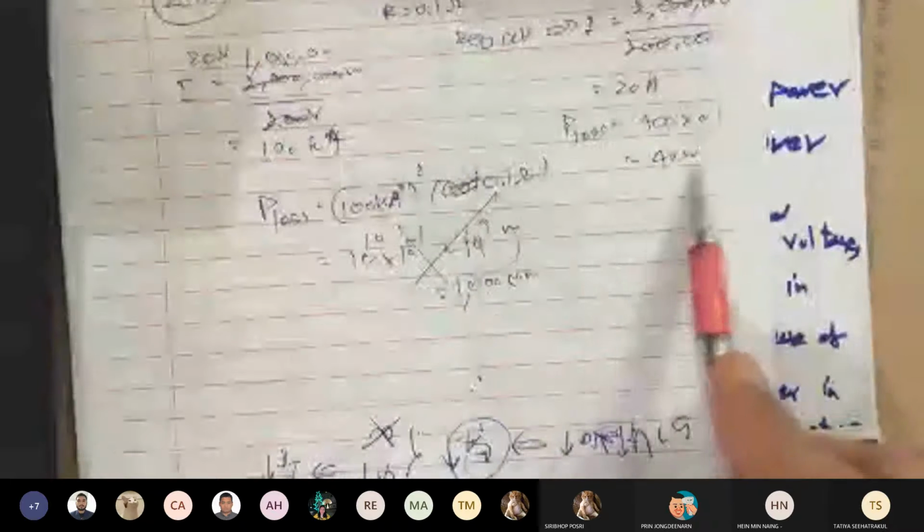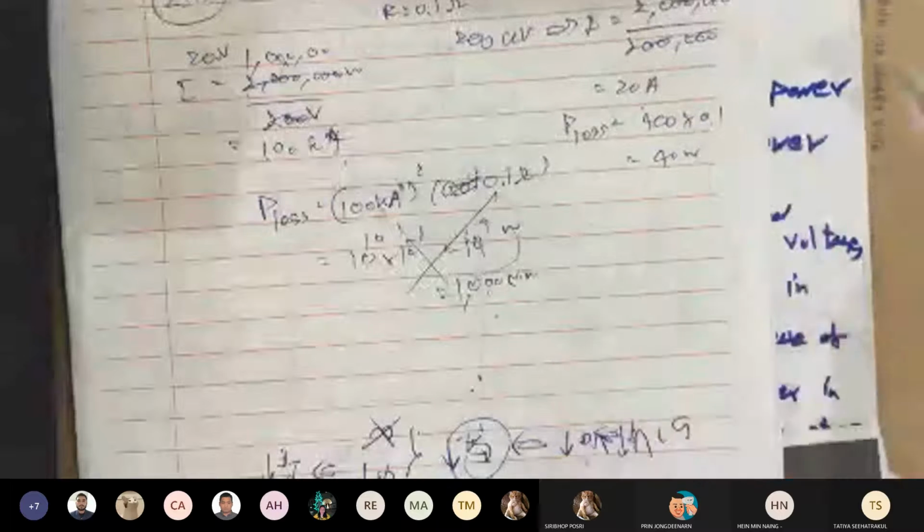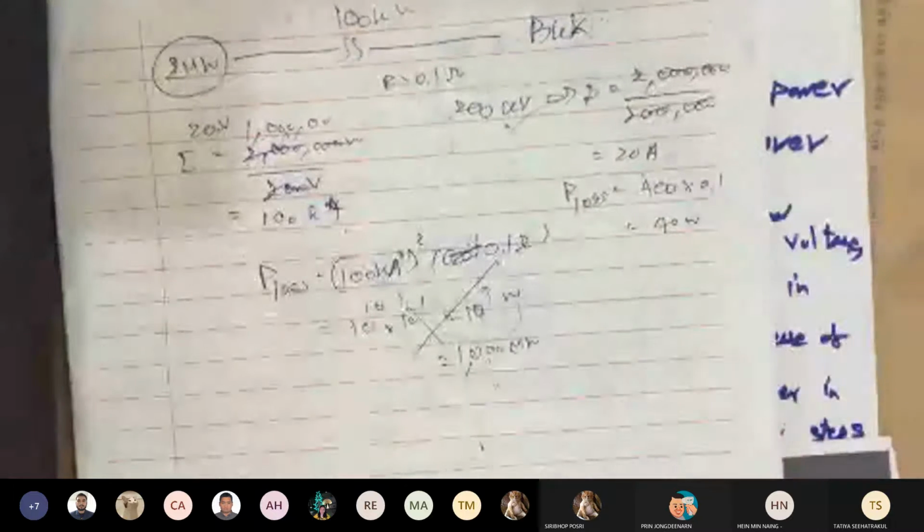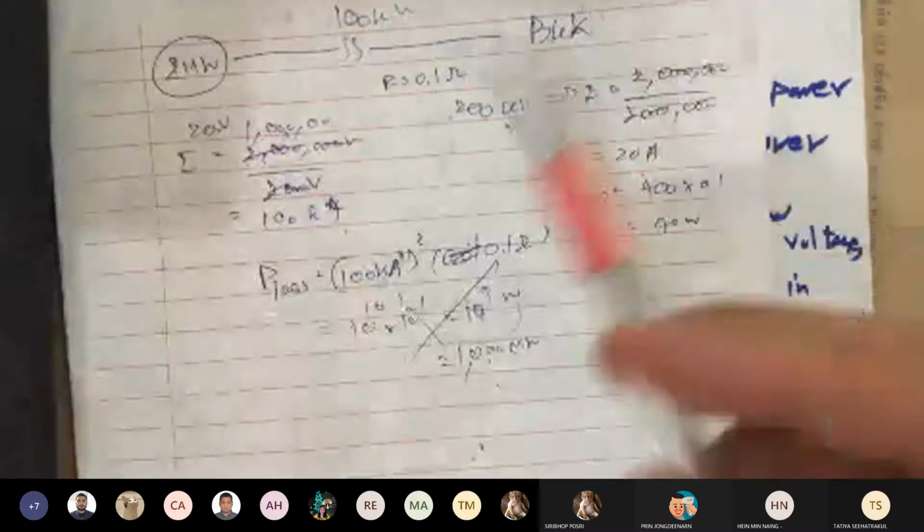I get my current down from 100K to 20 amp. You have to check my calculation, but I think that's about it. My losses drop from this huge, unimaginable amount to 40 watts. So this is feasible, and that's how we do our transmission lines today.